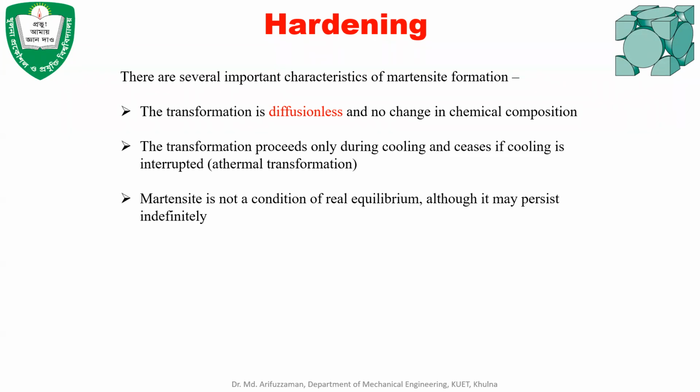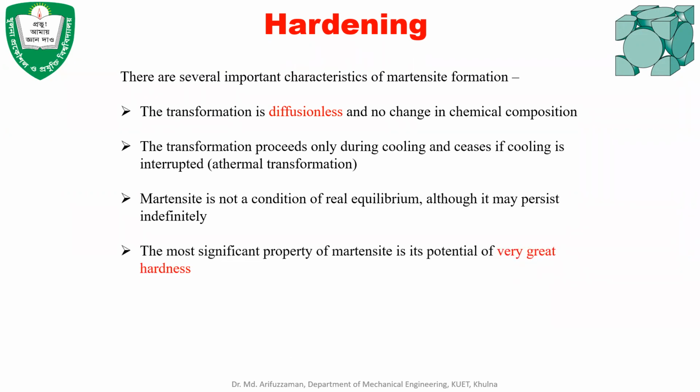So this is not a condition of real equilibrium. Actually, this is an intermediate structure, and it can transform into different structures, such as ferrite, pearlite, and iron carbide, which can be obtained at certain temperatures.